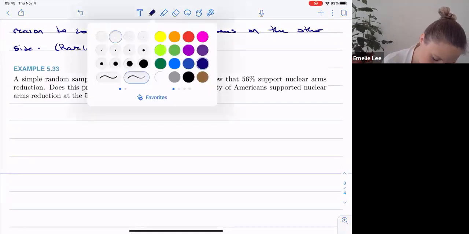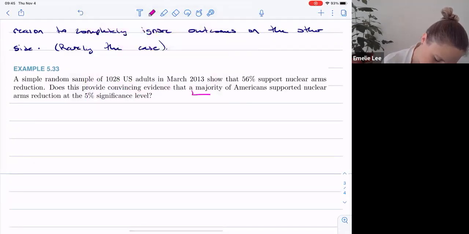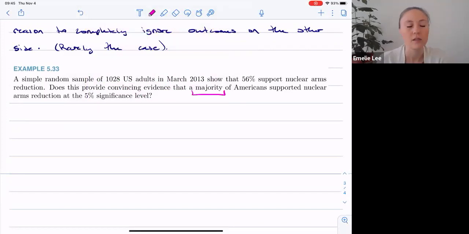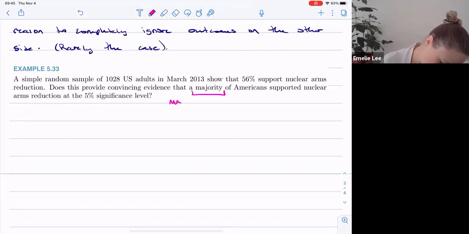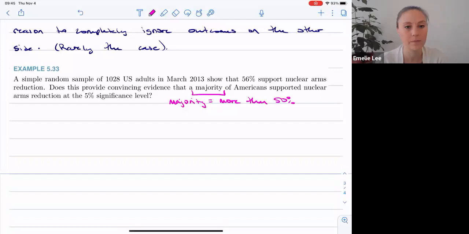Majority is more than 50%. I think they would probably treat it as a two-sided test, right?